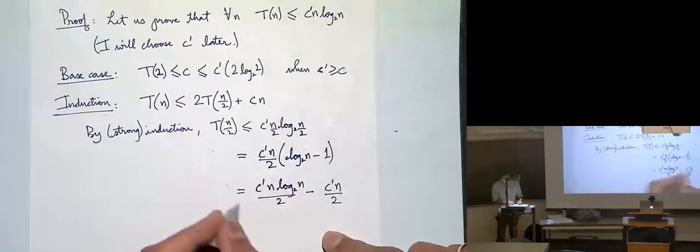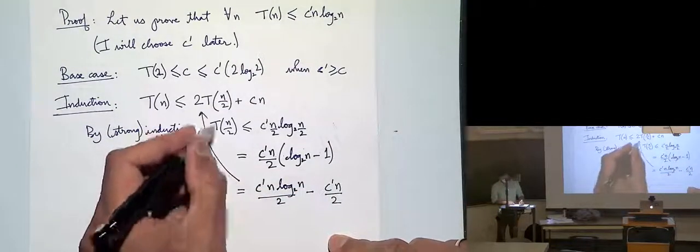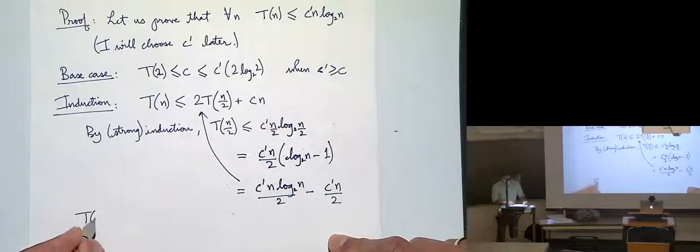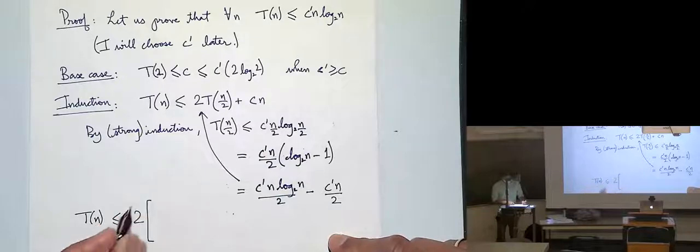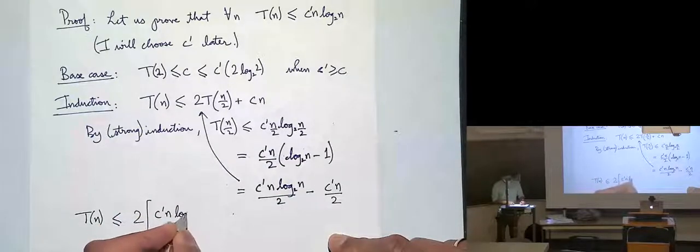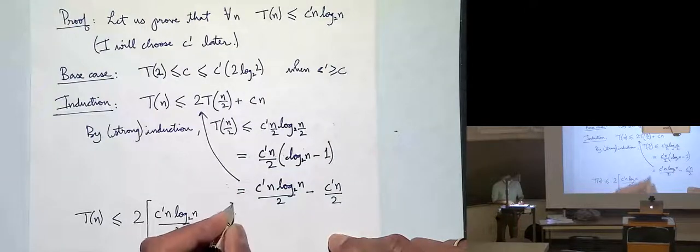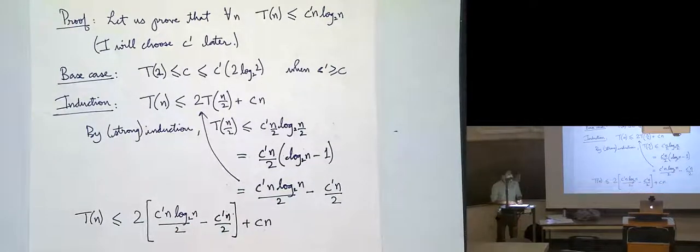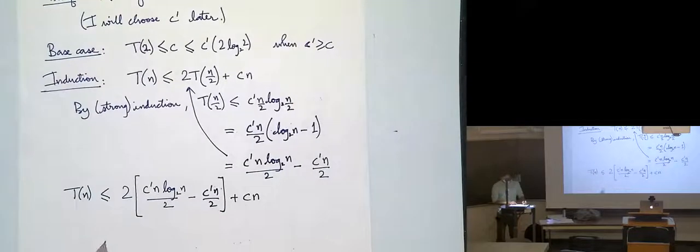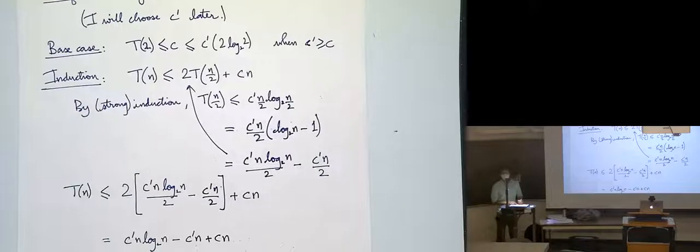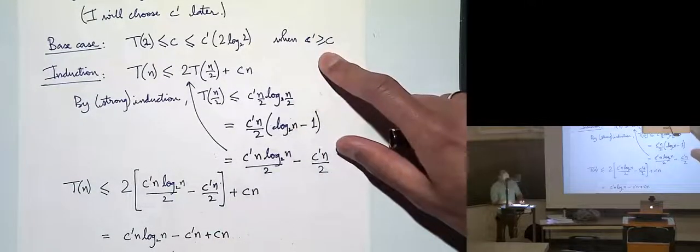So now I'm going to plug this bound into that. So I'll say T of n is at most 2 times C prime n log base 2 n divided by 2 minus C prime n divided by 2, plus Cn. I'll get C prime n log base 2 n minus C prime n plus Cn.